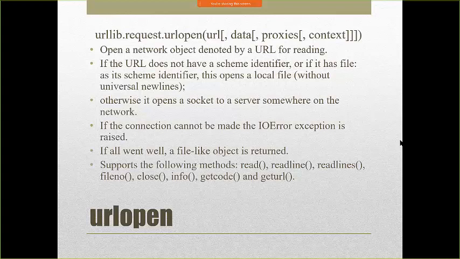From then on, you already know how to read a file, so once you open up a website, you can read it just like a file with read line, read lines, etc., and you can get the information out.